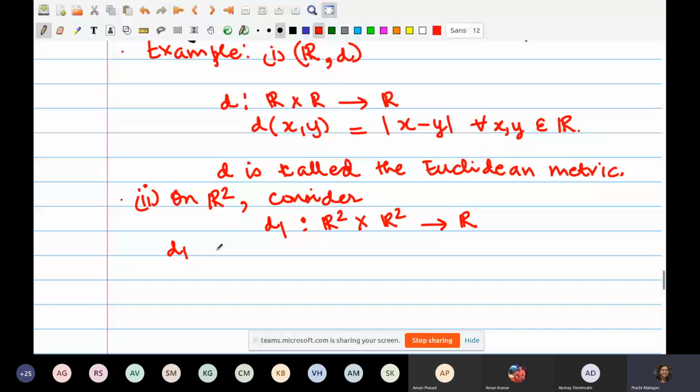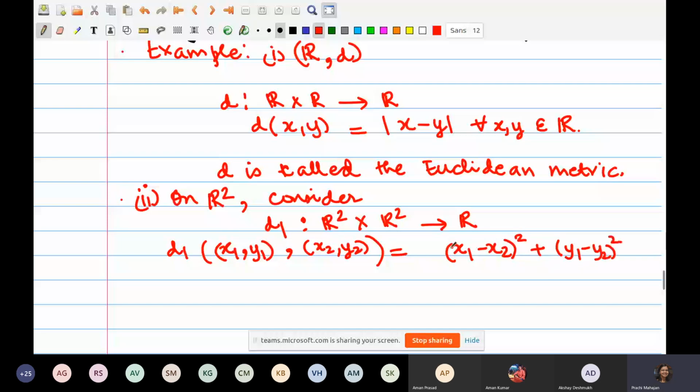I'm going to denote an element in here by x1, y1, another element by x2, y2. Let's define it to be something that you are already familiar with. I'm going to consider the difference between x1 and x2, square it, consider the difference between y1 and y2, square it, and take the square root of all of this.